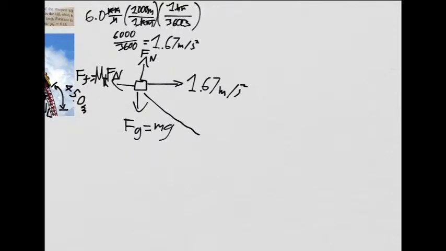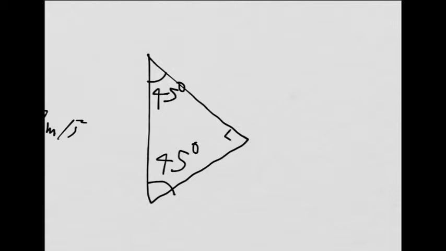So then, let's figure out the angles. Actually, the angle is 45, but let's figure out how that affects gravity. If we just draw this right here, this is 45 degrees up here. This technically is 45 too, and two 45s over here make a 90-degree angle.